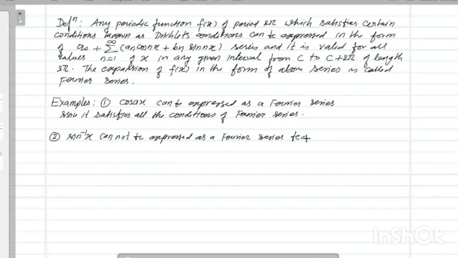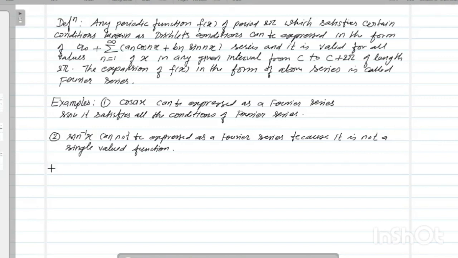Because it is not a single valued function. Single valued means what? Sine inverse of x should give a single value. If it gives multiple values, it will not be a single valued function.